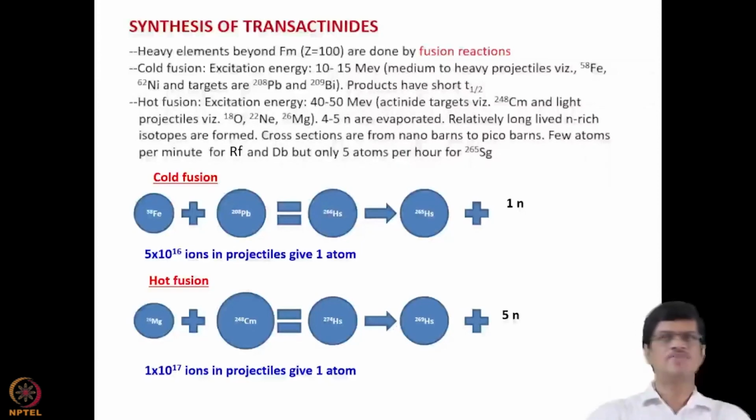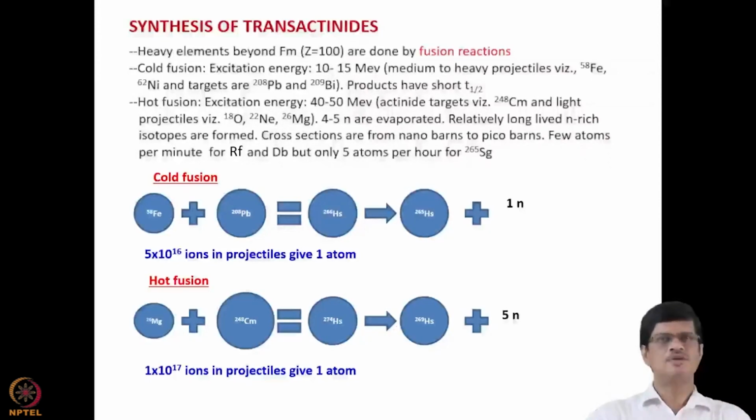The other way of producing by fusion reaction is the hot fusion, where the excitation energy is as high as 40 to 50 MeV, and the target actinides are curium 248, plutonium 244, etc. And light projectiles such as oxygen 18, neon 22, magnesium 26, etc. In this case, 4 to 5 neutrons are evaporated as compared to only 1 neutron in the cold fusion reactions, and relatively long-lived neutron-rich isotopes are formed.